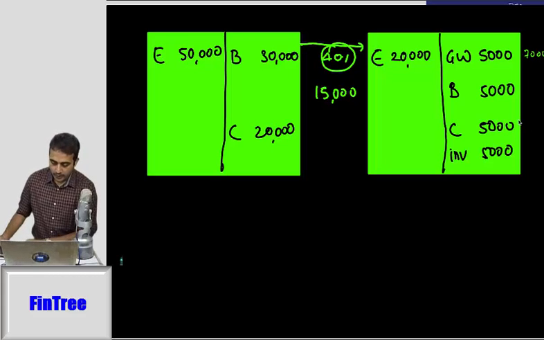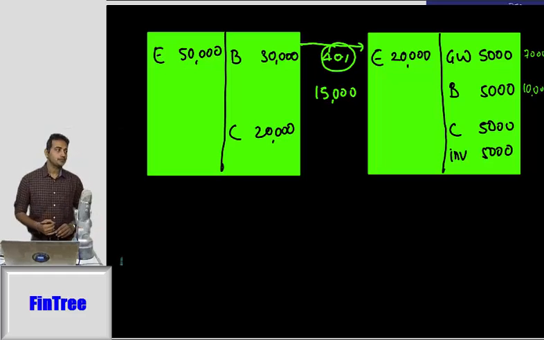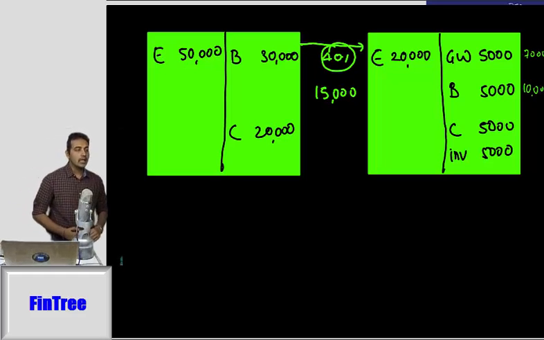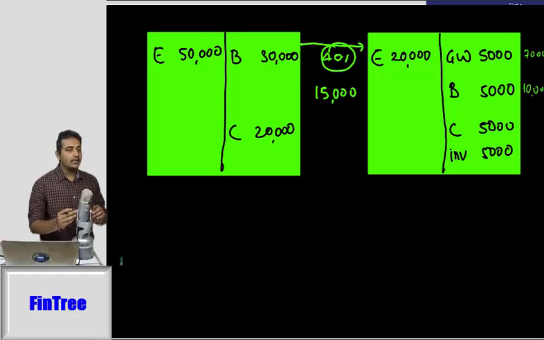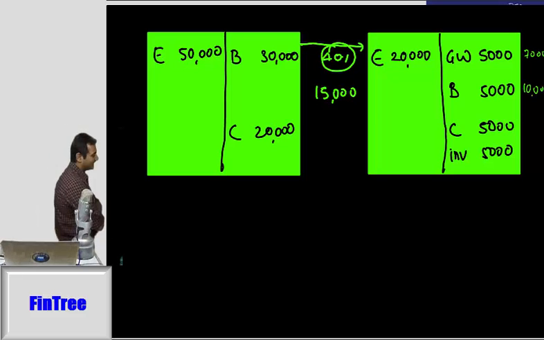The fair market value of building is 10,000. Now calculate how much is the goodwill in the transaction. That means how much of that 15,000 is towards the goodwill.